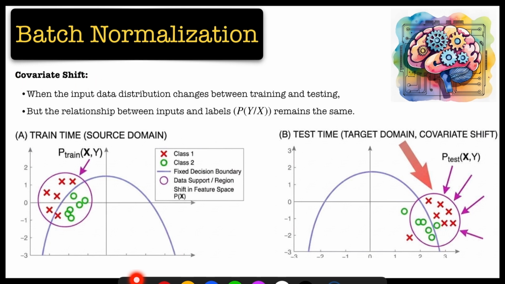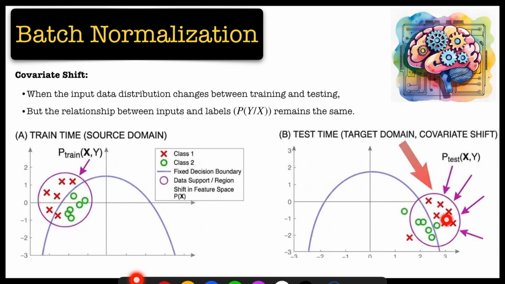This is a very simple concept. Let's say the input data distribution changes between training and testing. We have training time and testing time data. We have class 1 and class 2. In the training time we got this data, and we got this model decision boundary. It's able to distinguish class 1 and class 2.